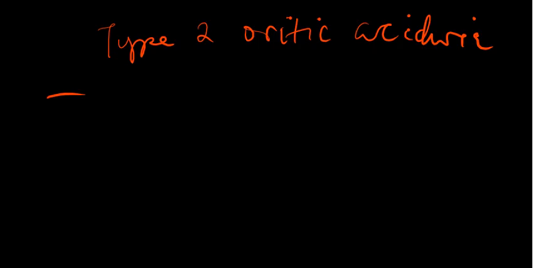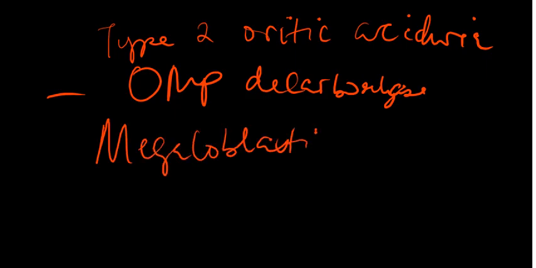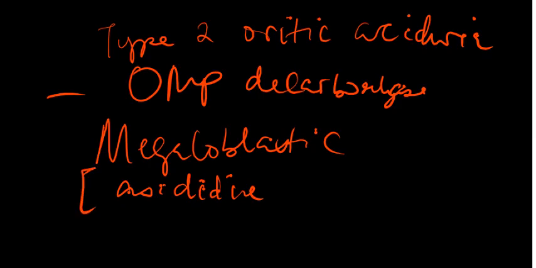Now this one affects the OMP decarboxylase enzyme, and it's also characterized by megaloblastic anemia, like I had explained, and the urinary excretion of orotidine is higher. The urinary excretion of orotidine in higher concentrations than orotate. So orotidine is going to be in higher concentration as compared to orotate.